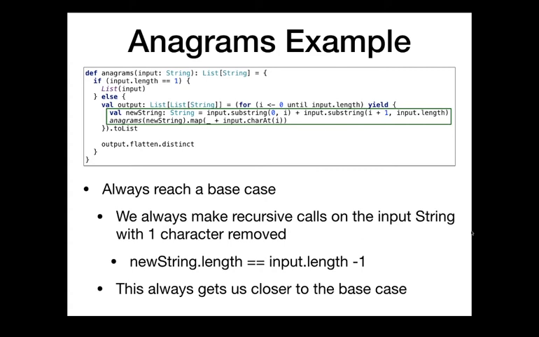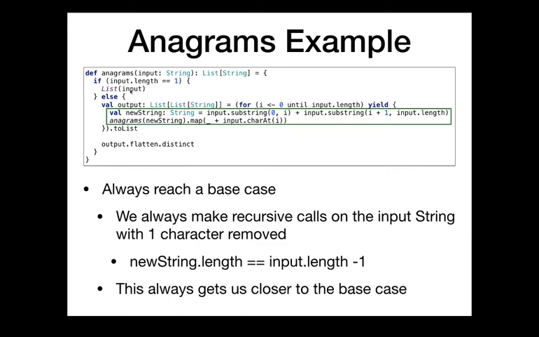I'm removing one character, getting a string of length n minus 1, of the input length minus 1, and then making my recursive call on that smaller string. So I've successfully guaranteed that I'm going to get closer to my base case with each recursive call because I just subtracted 1 from the length by removing a character from that string.